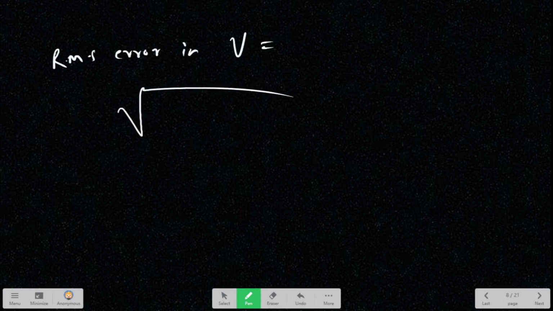So this means RMS error in V is equal to root of 2 into 1% squared plus 1 into 1% squared.